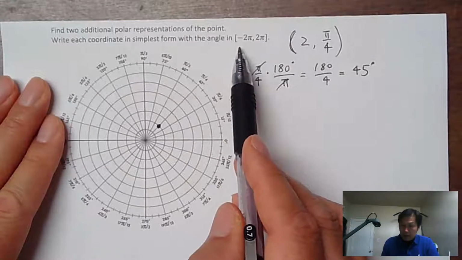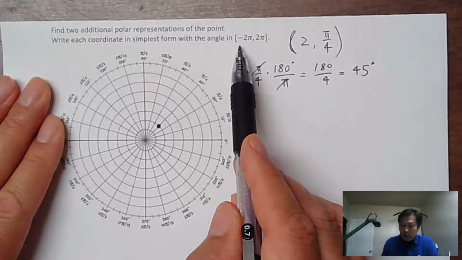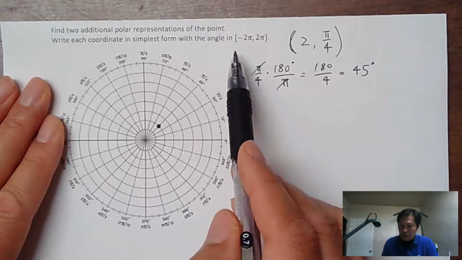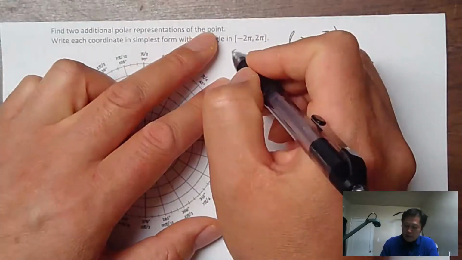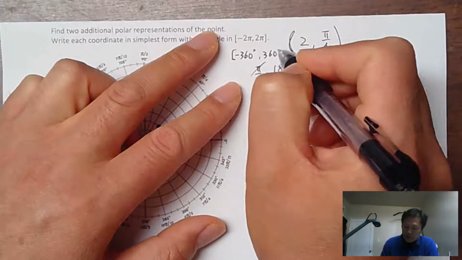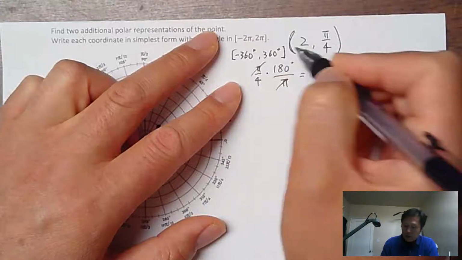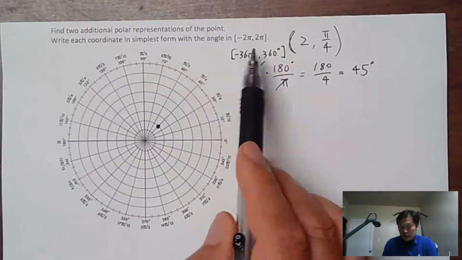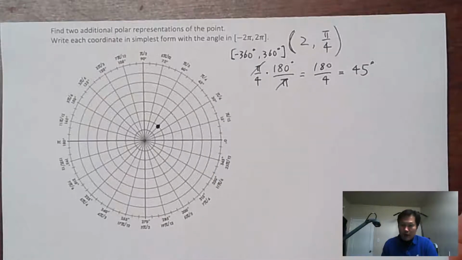The angle has to be between minus 2 pi to 2 pi radian. That's the same as minus 360 degree to 360 degree. If we give you a restriction such as this, then you don't have an unlimited number of answers. You have a limited number of answers.